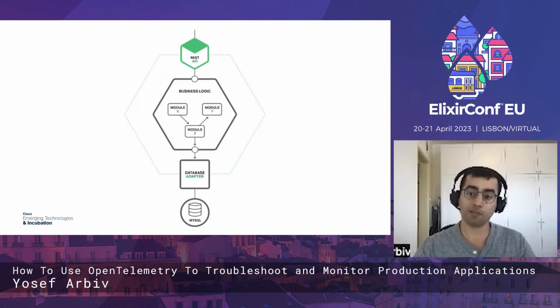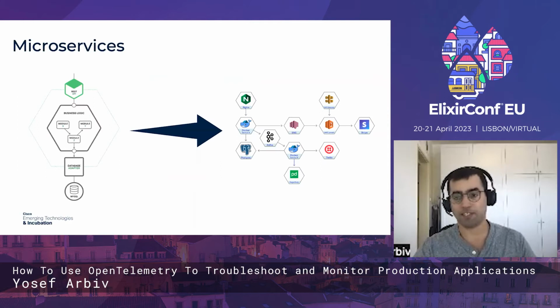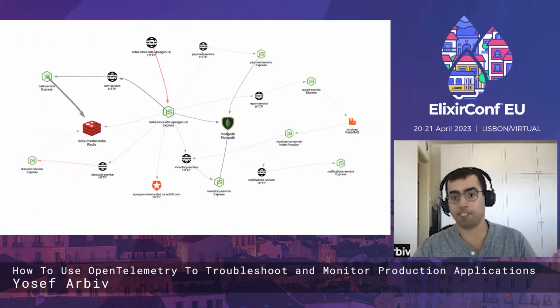But I want to talk about different challenges that happen when we move from this kind of architecture to a microservices architecture, and moreover, to microservices that are managed by cloud providers. Nowadays, more and more companies are moving to those architectures, and it has a lot of advantages, but it also produces challenges to the development system.